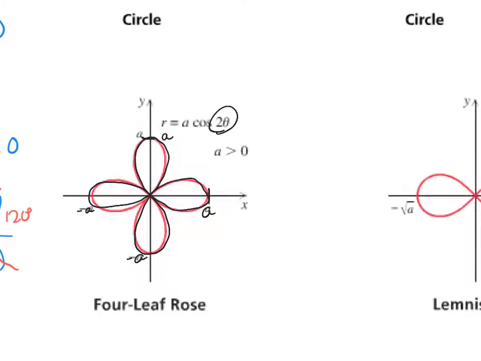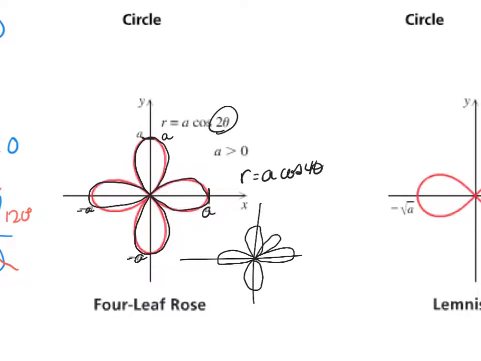If I would have had r is equal to a cosine 4 theta, then I'm going to have actually 8 leaves, where I've got 1, 2, 3, 4, 5, 6, 7, 8.